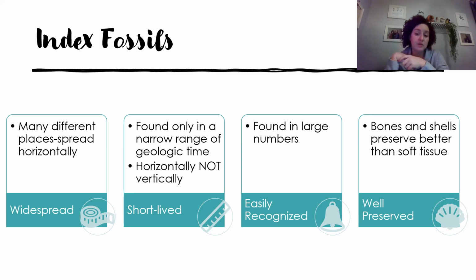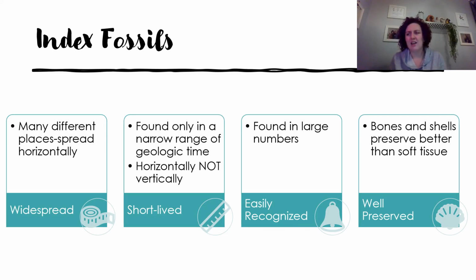We talked about this in your formation of fossils notes, that certain things just don't preserve as well. So we're looking for things like bones and shells, because they actually preserve and you can get a better picture of what is all there or what should be there. So this is where the trilobite, which is like the horseshoe crab, or the ammonite, which looks like a snail shell, work perfectly because they have an exoskeleton, or they are made out of calcium because they're a shell.